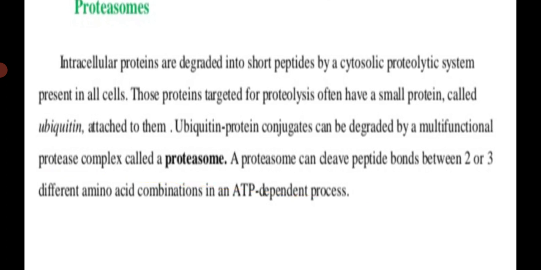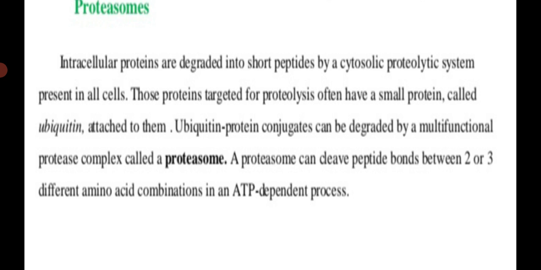The intracellular proteins or intracellular antigens are degraded into short peptides by a cytosolic proteolytic system which is present in all cells. For this cytosolic proteolytic system by a proteasome, the protein should be tagged with ubiquitin.